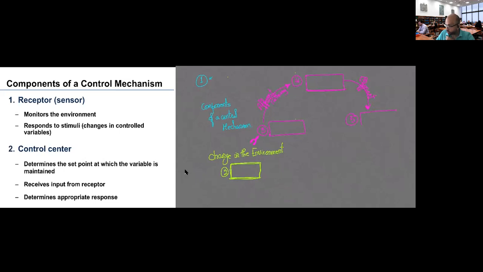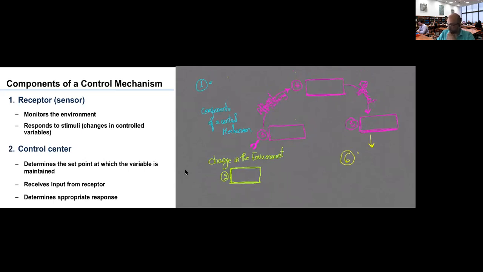What do we call those organs? Those organs will have what as a result of the stimulation that affects the change in the environment.